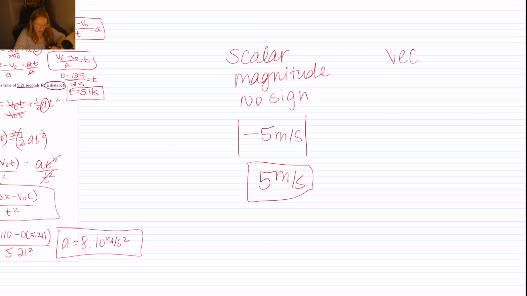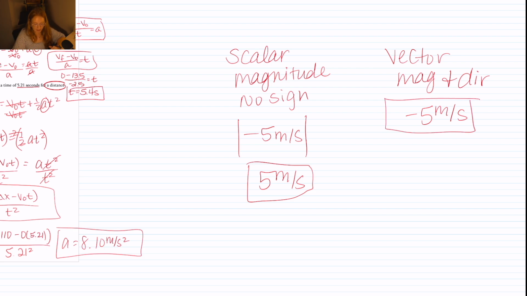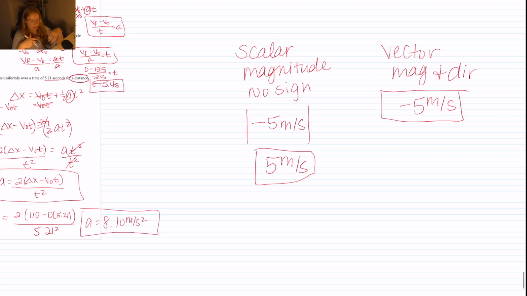Whereas vector, you care about the magnitude and the direction. So negative 5 meters per second, that is the vector quantity. It cares about both the sign and the number, okay? So scalar, just the number, vector, number and direction. And then we have kind of one of each: we have displacement and we have distance. We have velocity and we have speed.